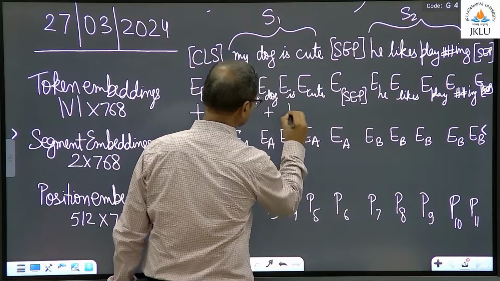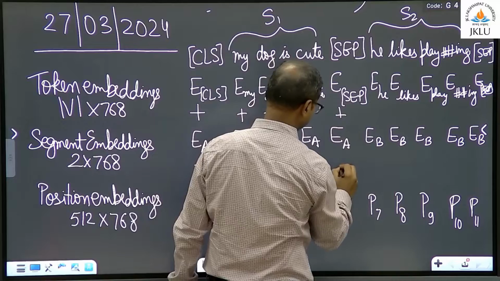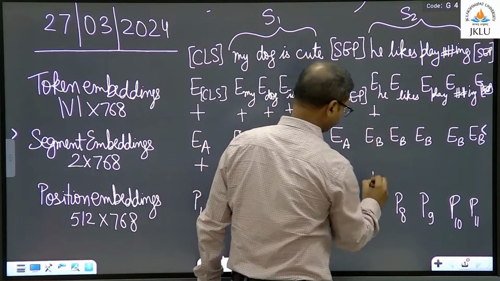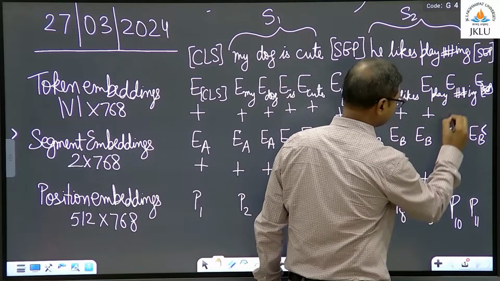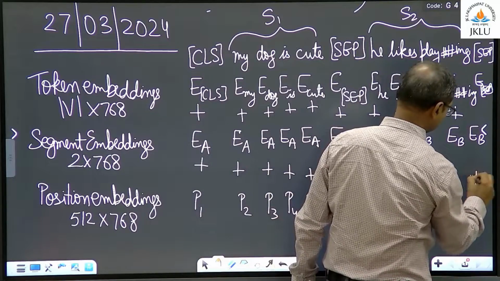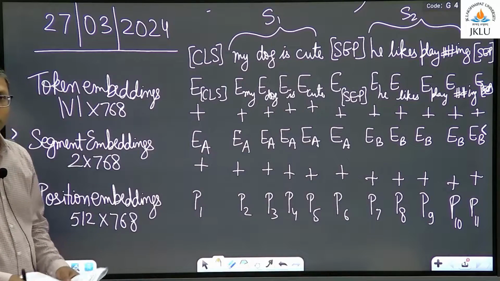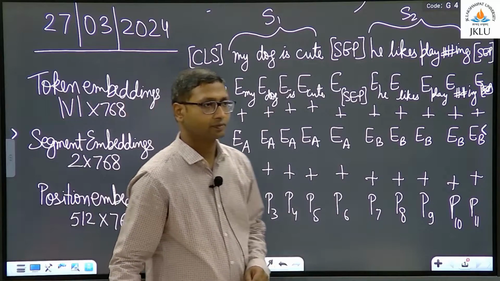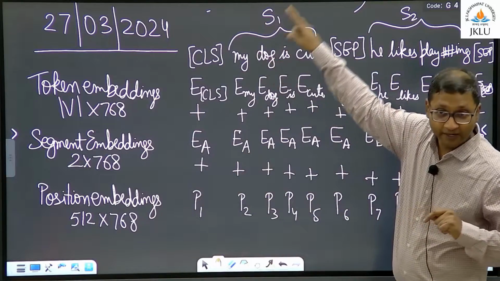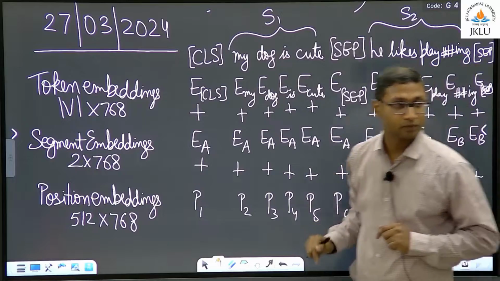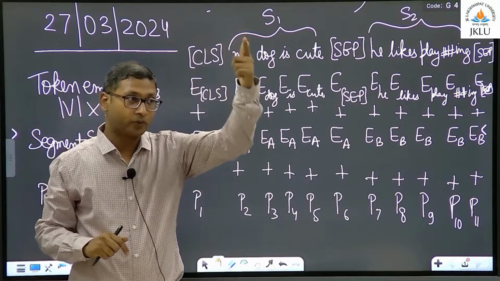Okay. So, this is what the figure 2 of paper is. So, this is what you are going to feed to BERT now. Okay. So, what will be your x1 token that you will feed into BERT?